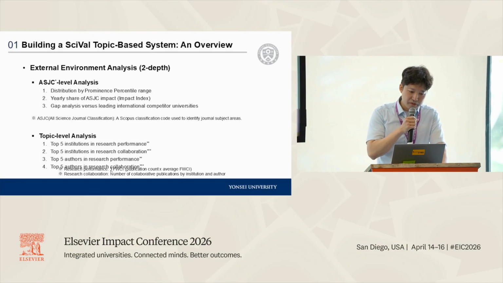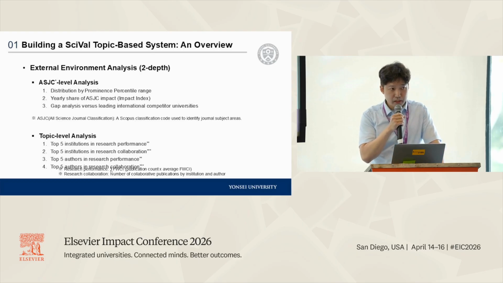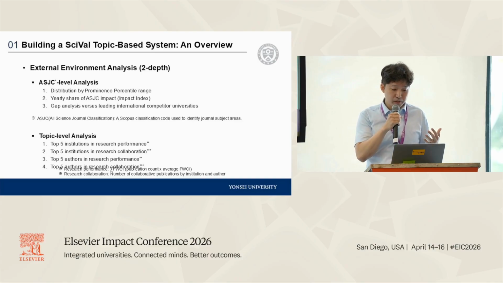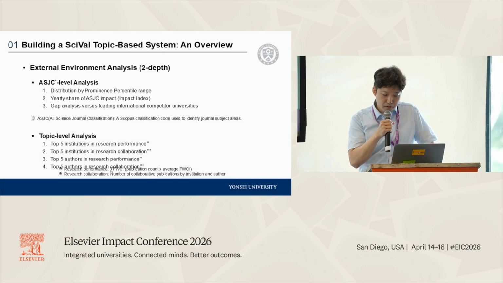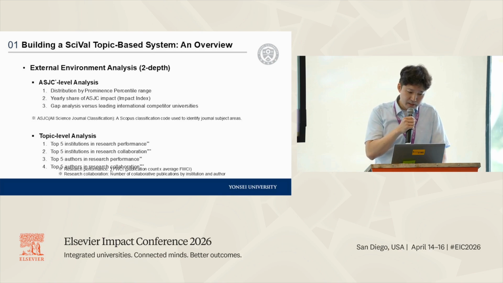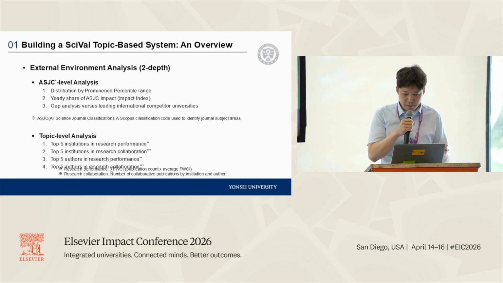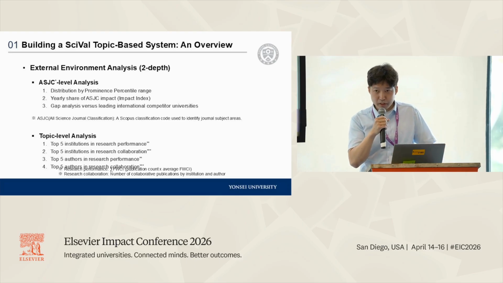And to generate an effective strategy, we must analyze both the external environmental shifts and internal resources. And I've implemented a two-step system for our external environment analysis. So at the ASJC level, I visualized the distribution of prominence percentile using bubble charts.